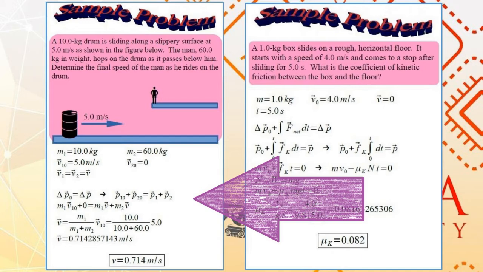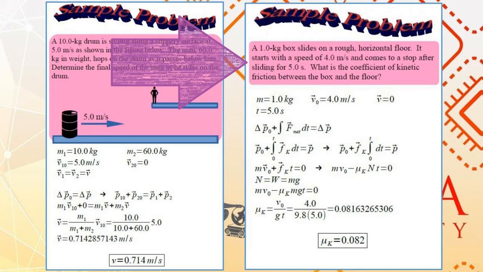So x component, the only unknown is v, so we can isolate v, and we get m1 over m1 plus m2 times v1 initial. Plugging in the values, we get the answer for our problem. v is equal to 0.714 meters per second.